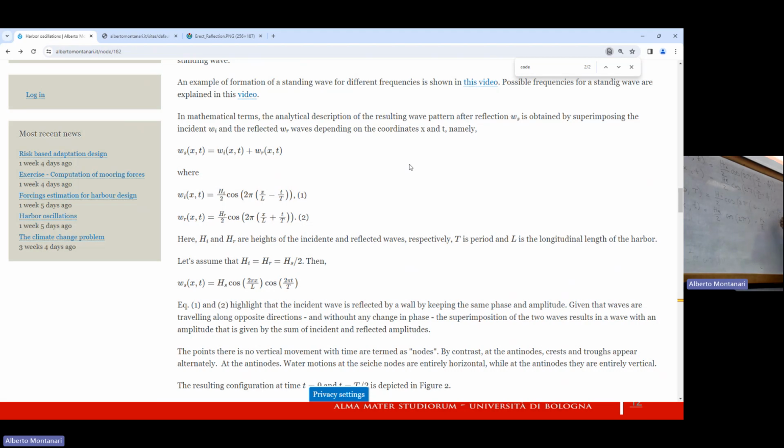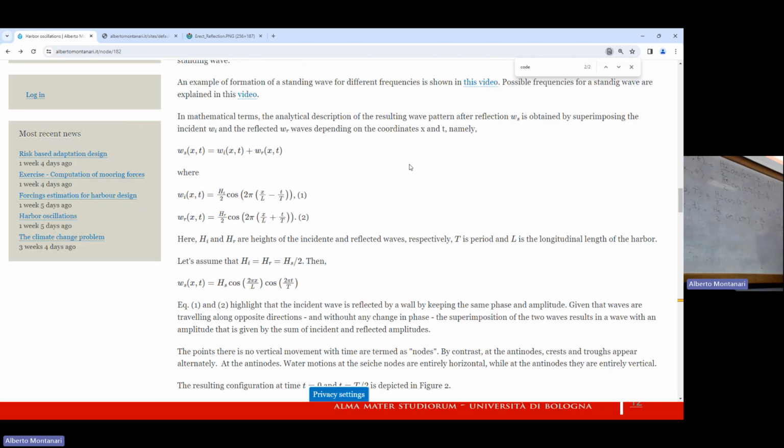So basically what you get as a result is H_I divided by 2 plus H_R divided by 2.